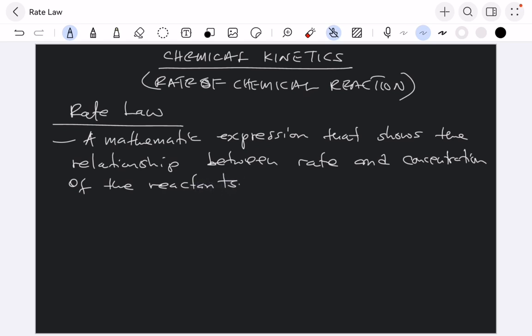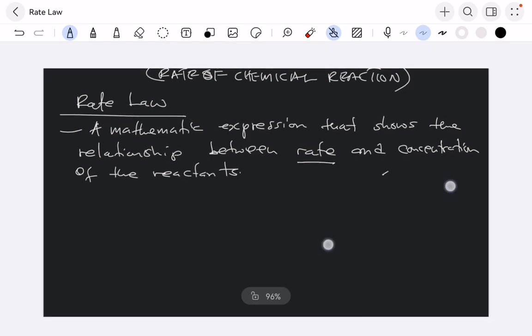So rate law is just an expression that shows the relationship between rate and the concentration of the reactant.